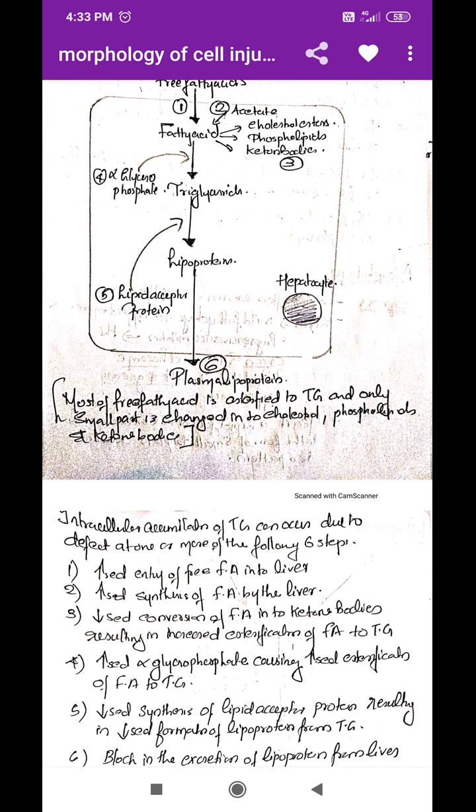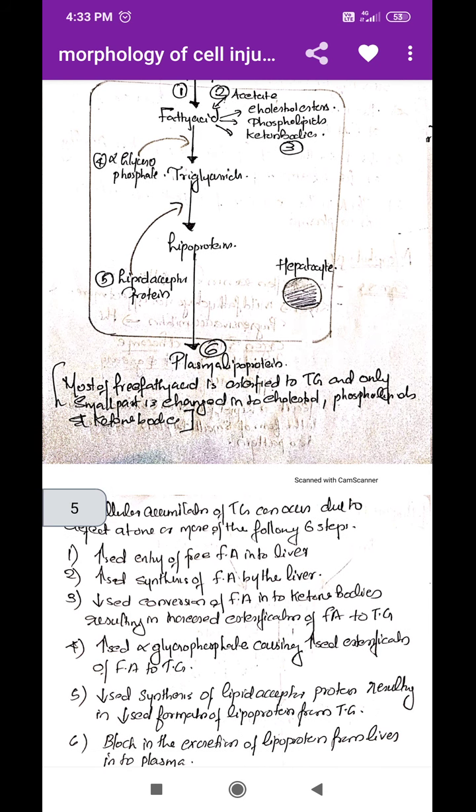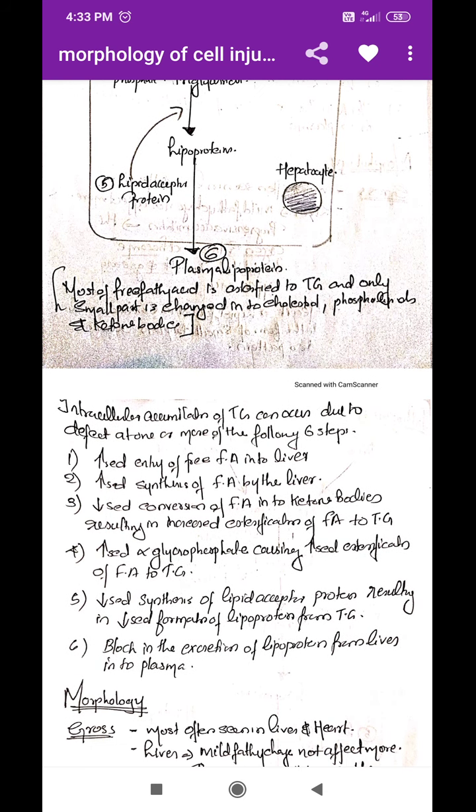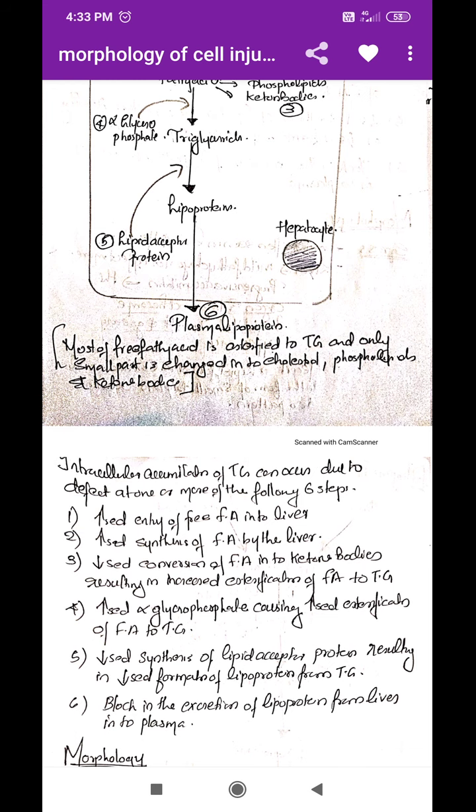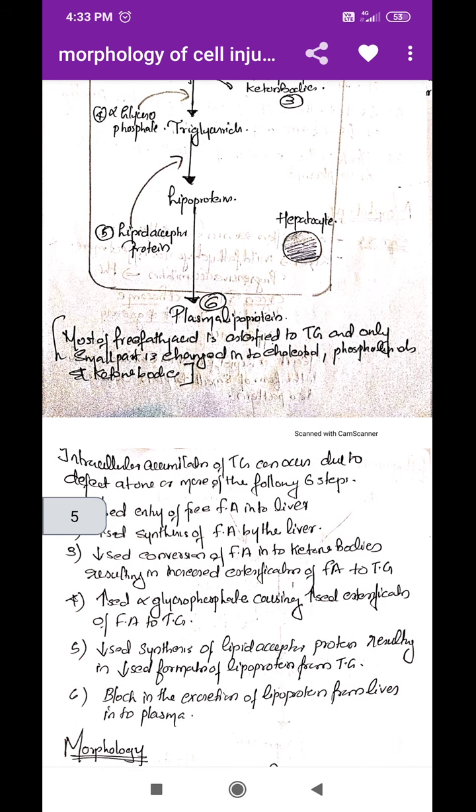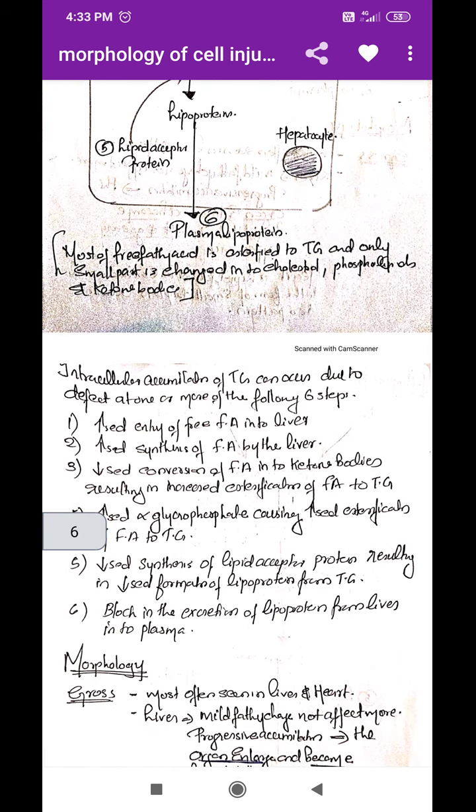So the lipoprotein level will be decreased. As a result, there will be increased triglyceride level. The last one is a block in the excretion of lipoprotein from the liver into the plasma. That is, the sixth step is blocked, the conversion of lipoprotein to plasma lipoprotein.